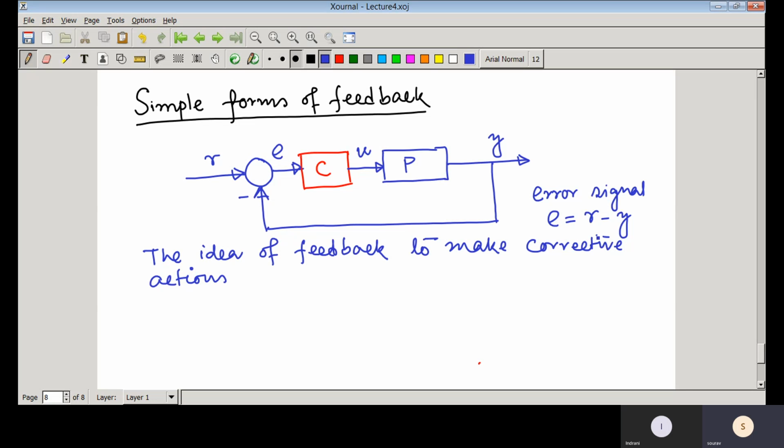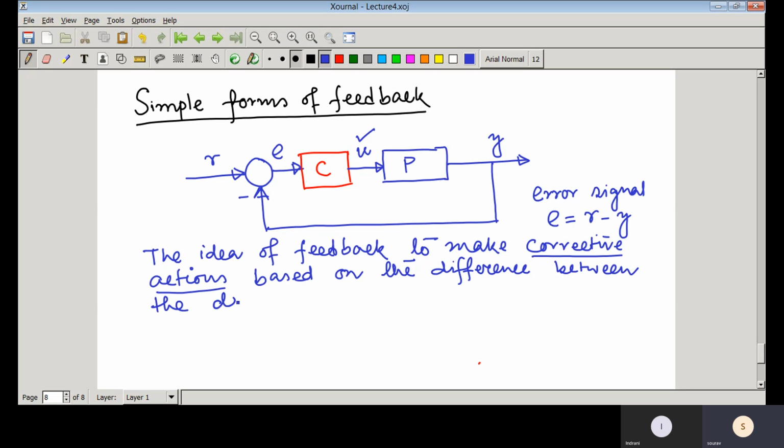These corrective actions are basically U, the control input, the output of the controller, based on the difference between the desired and the actual values.